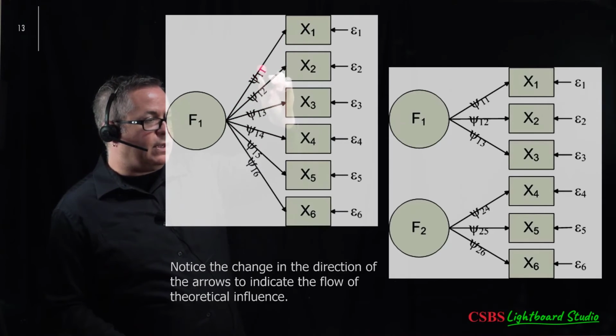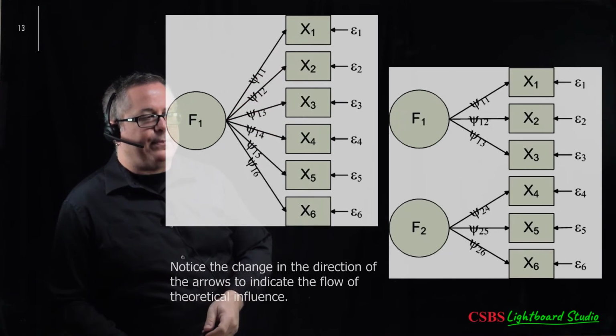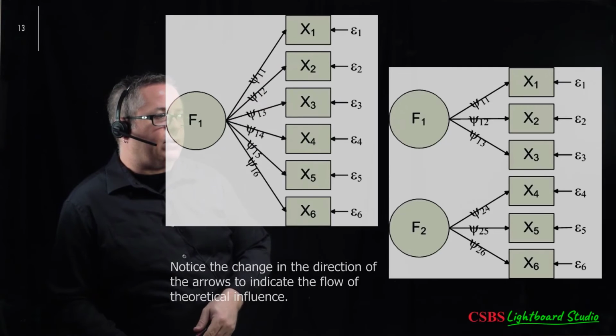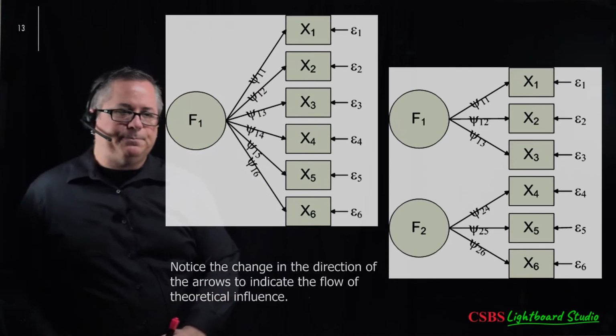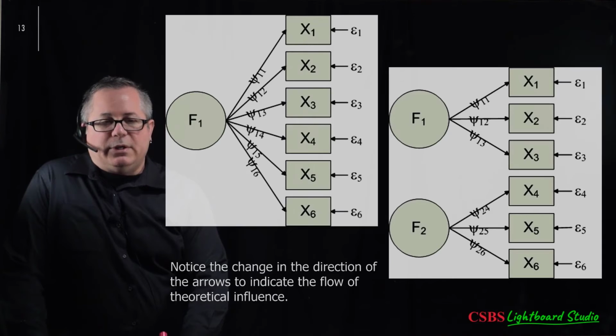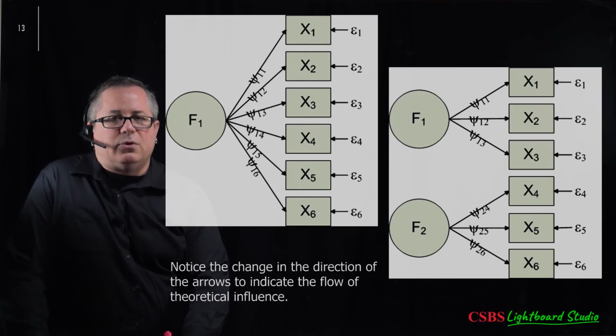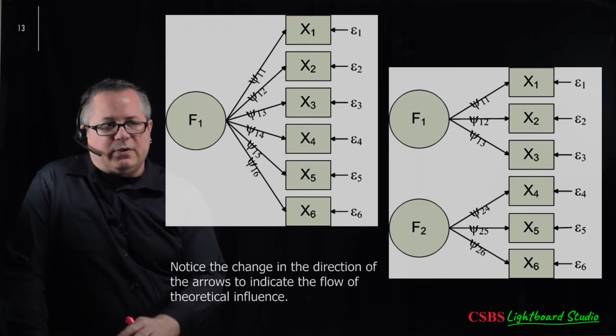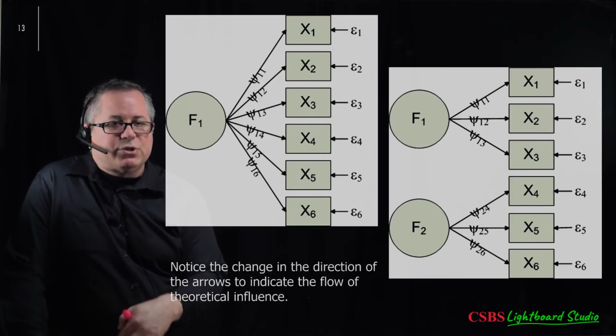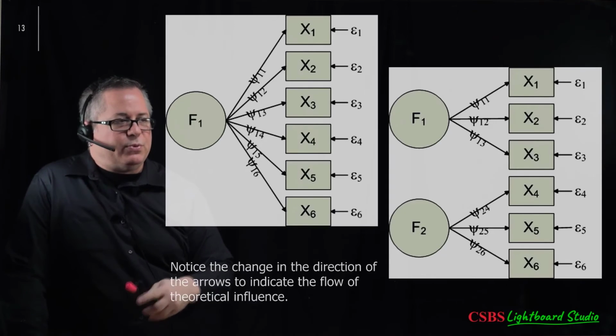That would be the commonality for x1. This should sound familiar. When we did the redundancy analysis for canonical correlation, we squared the loadings and added them up, divided by whatever, to get an average shared variation. This is just doing it individually.